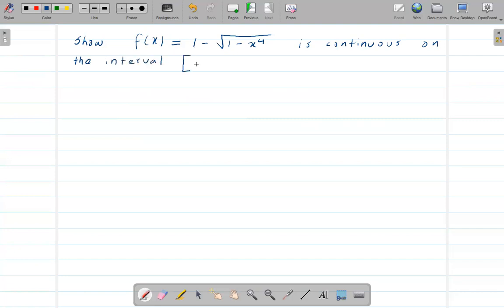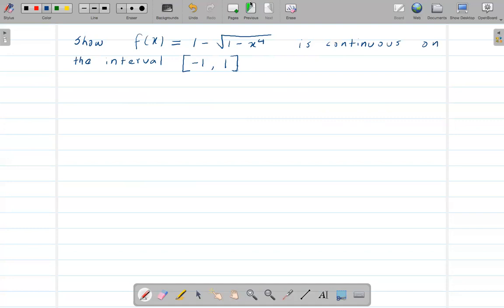Again, the interval is from -1 to +1, right? So like I said, the interval we can write this way as well. Now I need to find that this function is a continuous function on this interval.